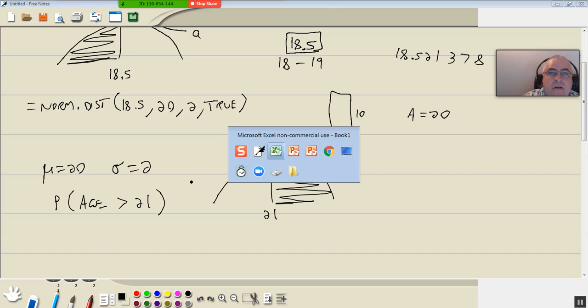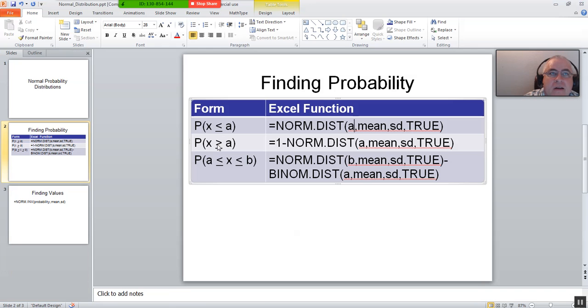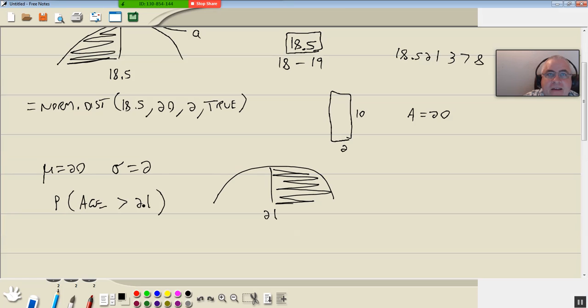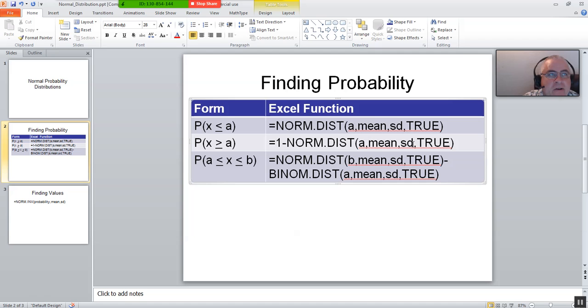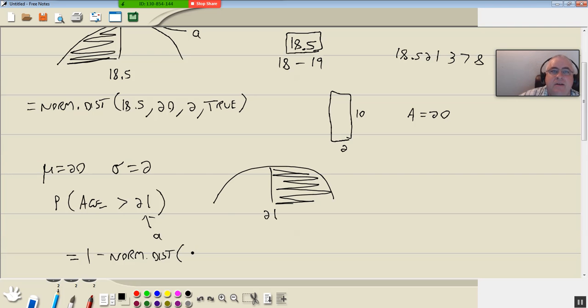If I come over here, here's the greater than, so it's the second one. So we need to identify our A. This is our A, and it tells us we're going to use 1 minus norm dist, and then we'll put in our A, and then our mean, standard deviation, and then true. So A is 21, our mean, which is 20, our standard deviation, which is 2, and then true. So let's go see what that gives us.